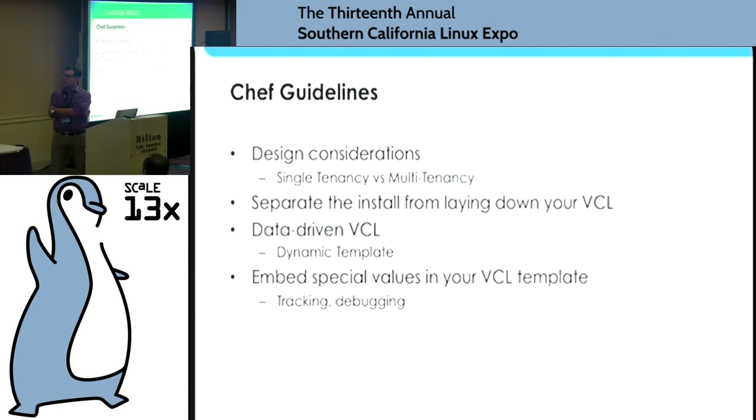One thing that we've found is that you do want to separate the install from laying down your VCL. So if you have a cookbook that installs Varnish, we say just leave that nice and tight and keep it untouched. You may have gotten that from the community, and that might get updated, and then you might feel this compelling urge to say, well, I've got it right here, I can just load my specific things into a new recipe within that cookbook.